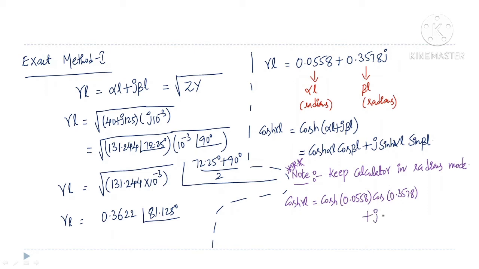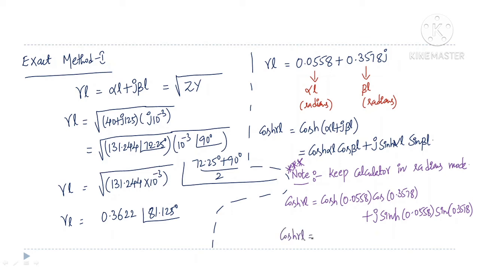So don't forget this. If you forget hyperbolic while calculating with the help of a calculator, then it will lead to a wrong result, right? So sinh of alpha L value is 0.0558 and sin beta L value is 0.3578. So you need to keep the calculator in radians mode and compute this value.